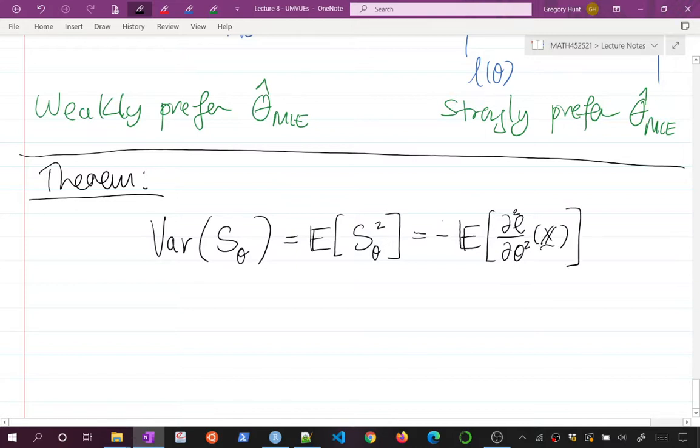The negative of our second derivative of our likelihood function, but viewed randomly.